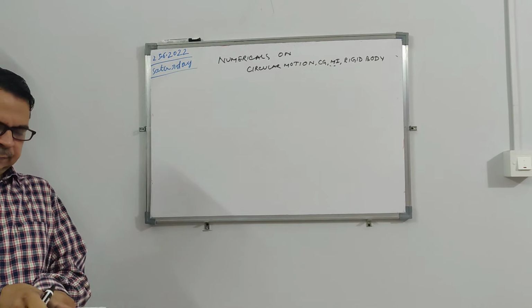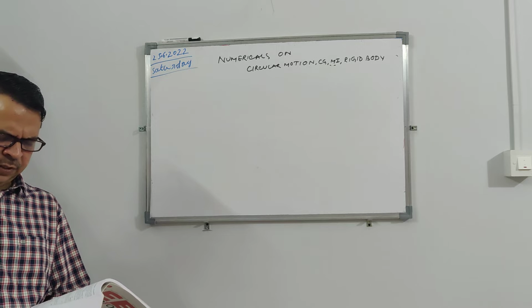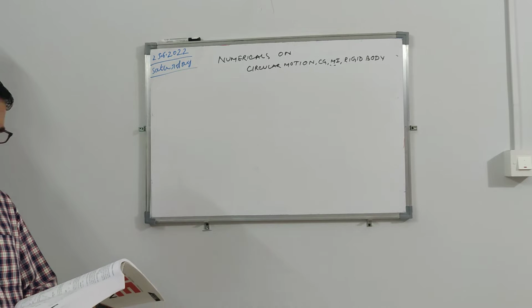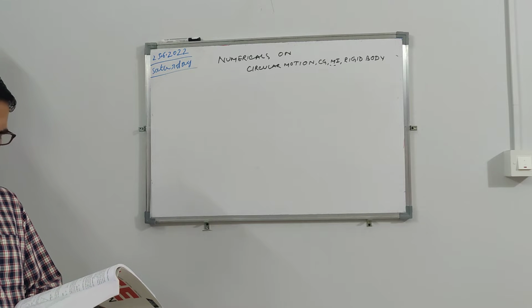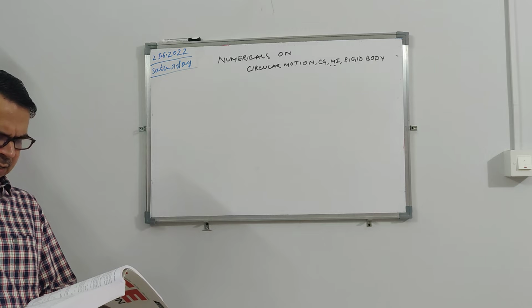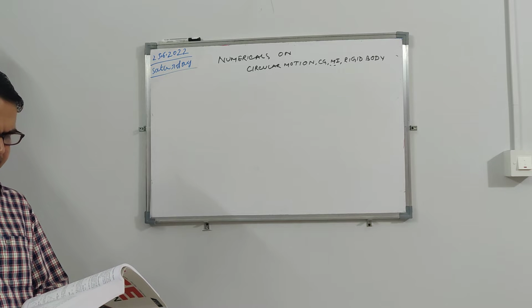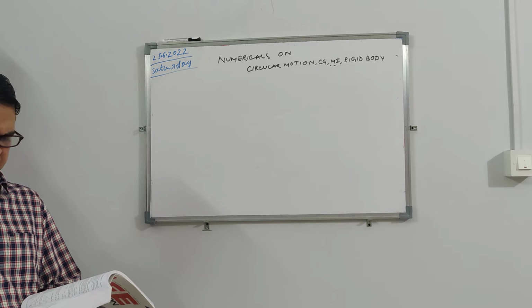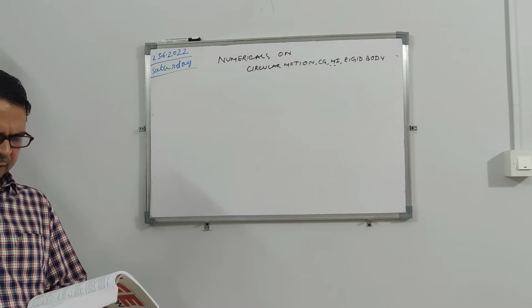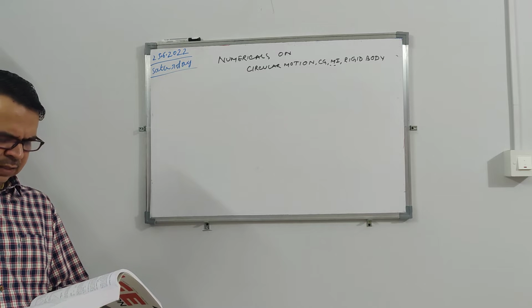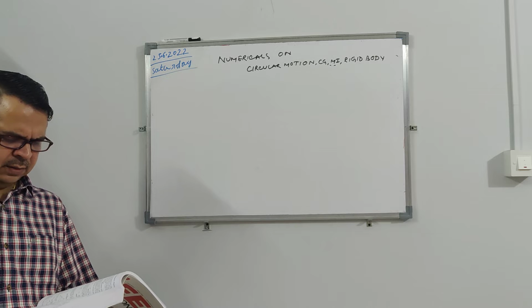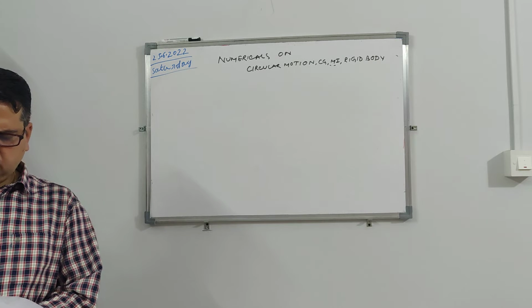The question: if the moment of inertia of a disk about an axis tangential and parallel to its surface be I, then the moment of inertia about an axis tangential but perpendicular to its surface will be.